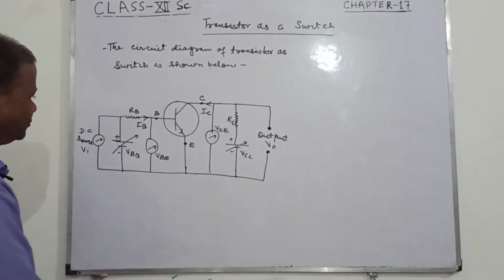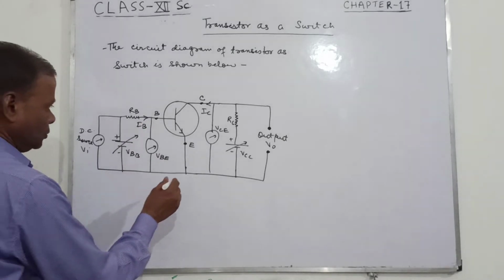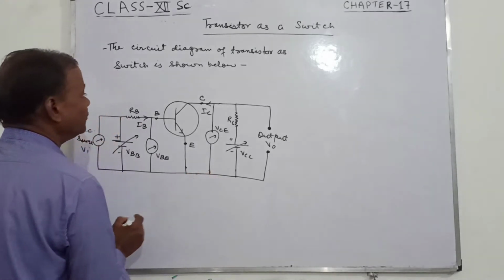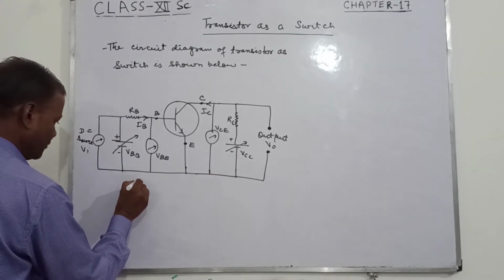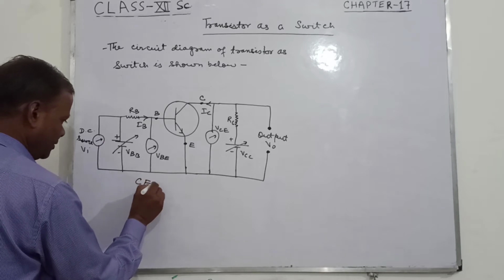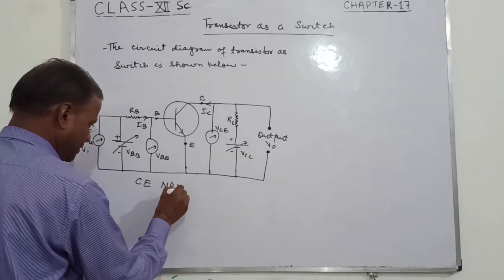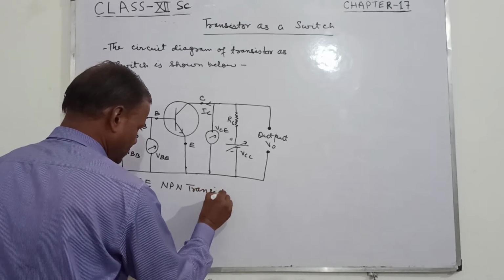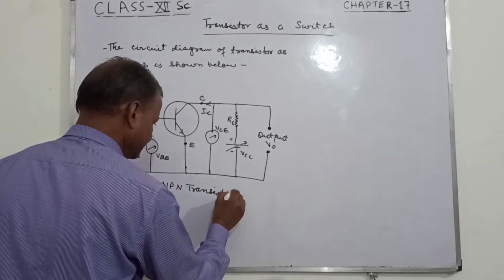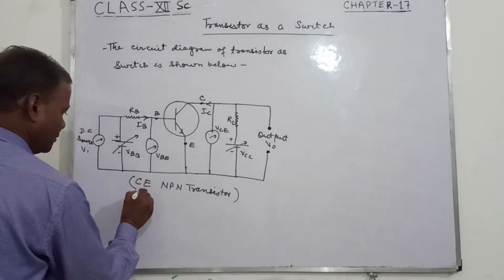So this is the circuit diagram. This is a common emitter NPN transistor.